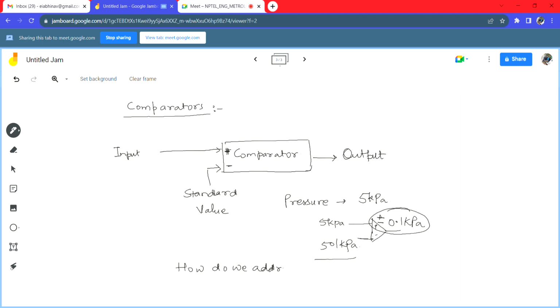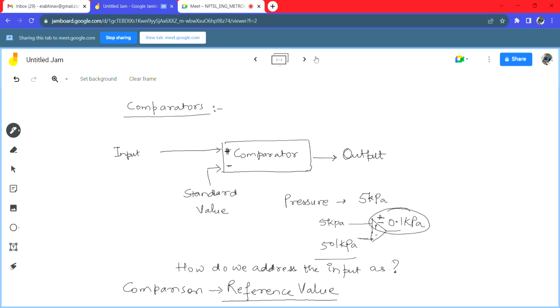Now what does this mean again? How do we address the input? Whenever there is a comparison, we need to make sure that there is a reference value to which the data is being compared.